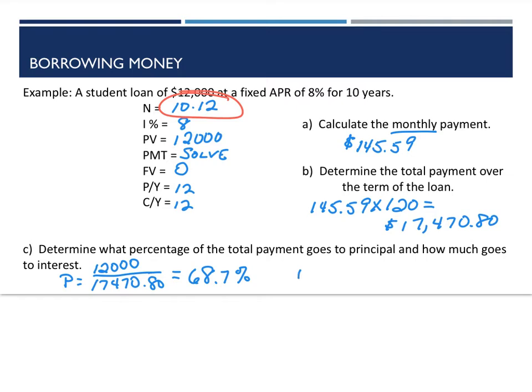The percentage that went toward interest, well, all of my payment is 100%. So if I just take 100% minus the 68.7 that went to my principal, that leaves me with 31.3% went to interest.